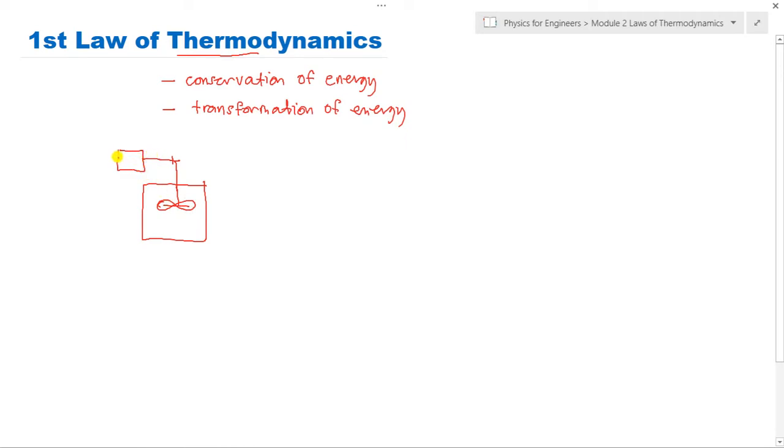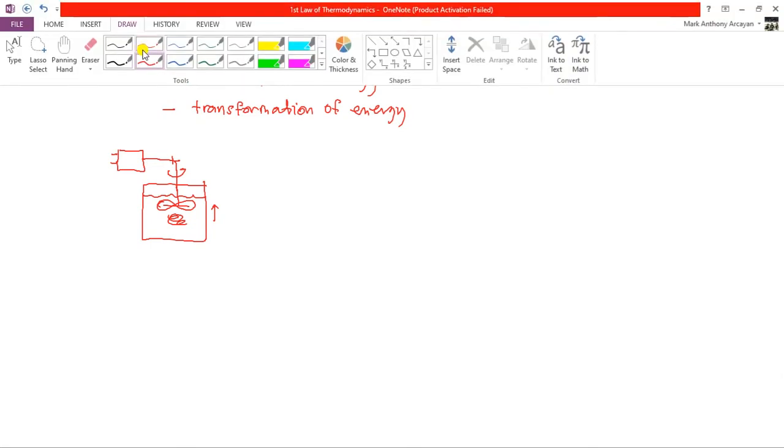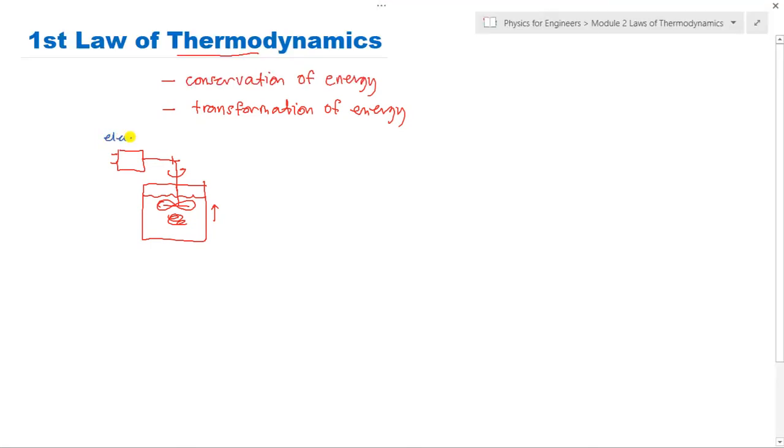As this motor operates, it turns the paddle, and the water here turns too, and the temperature of the water rises. So from the motor we have electrical energy to mechanical, and since we input work to the water, the mechanical energy is converted into heat energy. So the temperature of the water rises and becomes hot. Basically, the first law of thermodynamics talks about this.